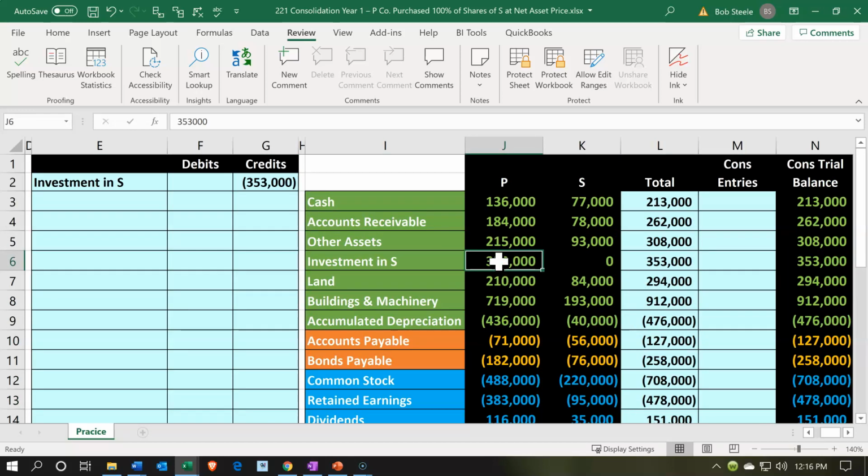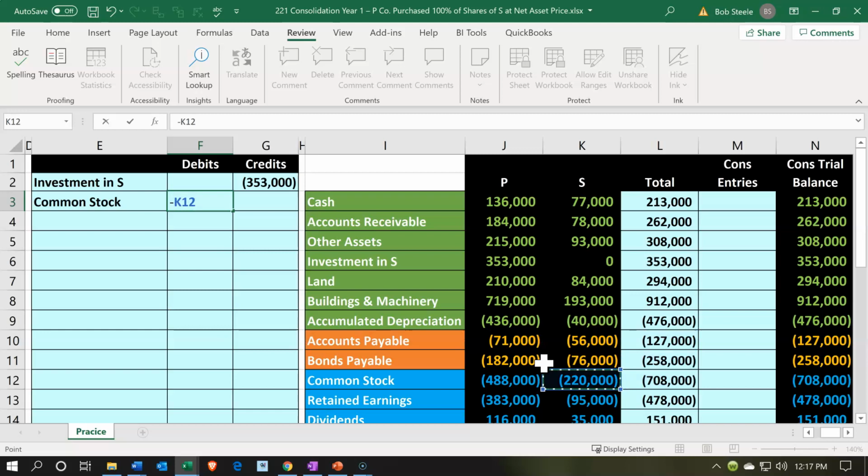So basically, we need to remove the equity over here on S to have this elimination entry. So I'm going to say, all right, the common stock needs to go away. It's a credit here, so we're going to debit it. I'm just going to say negative of that number to flip the sign to make it a debit.